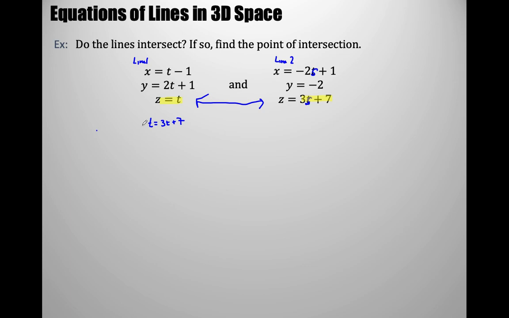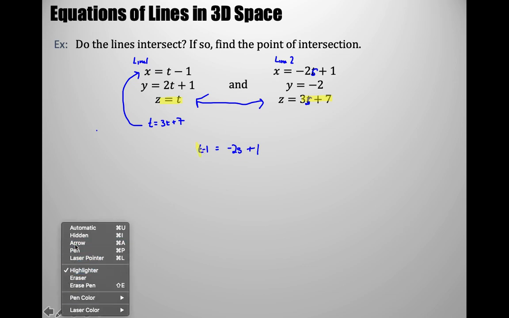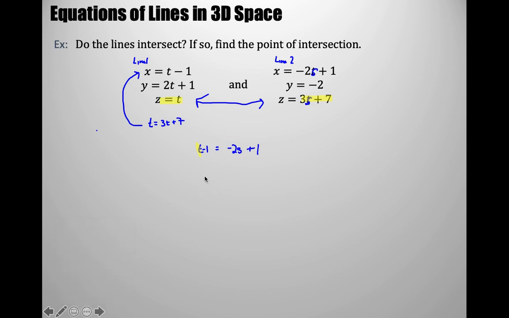And then I'm going to substitute that up here, because from that line, t minus 1 must be equal to -2s plus 1. But I have what t is equal to by the third lines. And again, this is not the only way to do it. There's a variety of ways to solve this. But so in for that t, I'm going to put 3s plus 7.